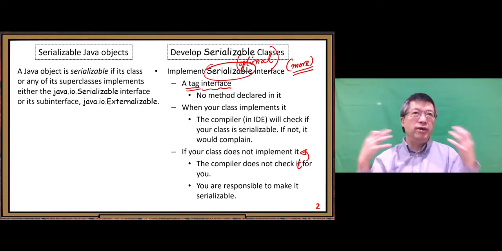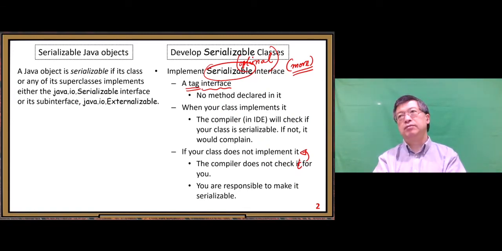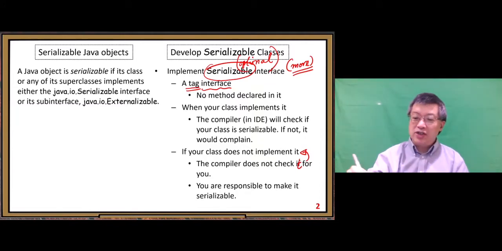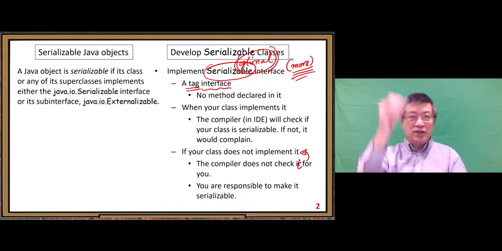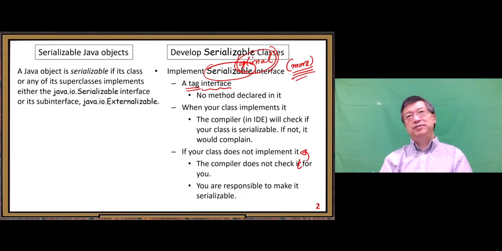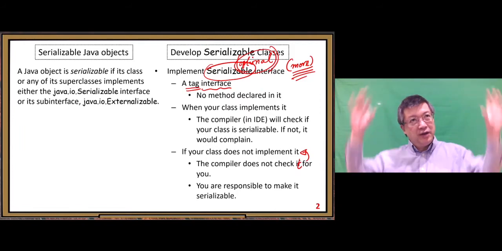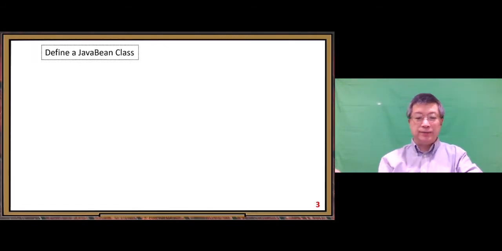They do not bother to attach that Serializable interface. So that's why I say it's optional. You're not required to use it if you can guarantee they won't violate the serialization requirement if needed. That's the reason behind it. I hope you understand the whole thing. All right. Next.